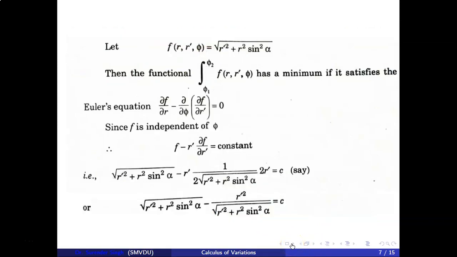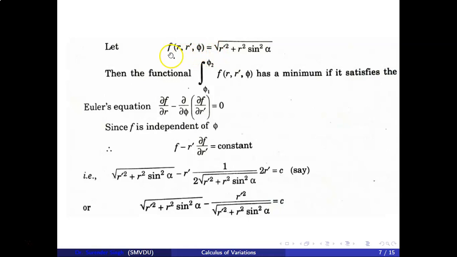Okay, then this capital F, as I have discussed in the earlier case, here we are using it as small f. Small f is a function of r, r dash and phi. So if I compare it with the usual functional as we have done in earlier problems, capital F of x, y, y dash, here r becomes y, r dash becomes y dash, and phi is in place of x.